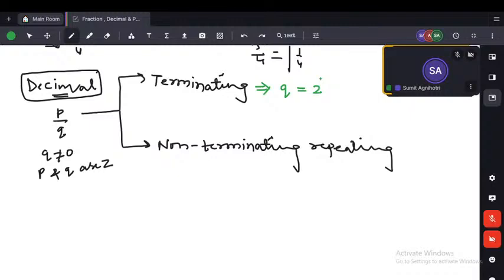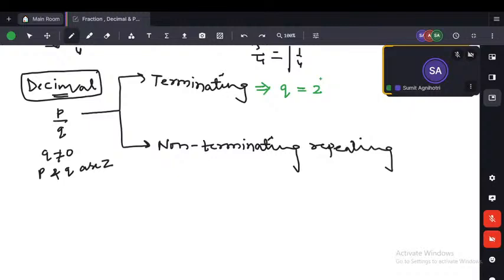You can even divide and decide its value. You can perform the division like this: 4 times 1 is 4, point, 4 sevens are 28, and then 2, 4 fives are 20. Okay, 1.75 is its terminating value.